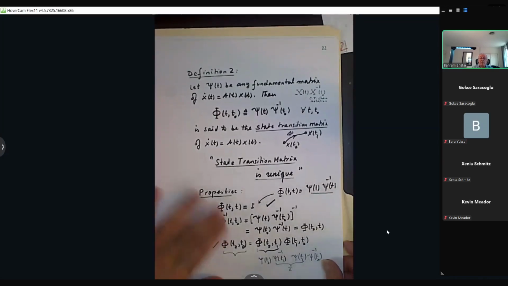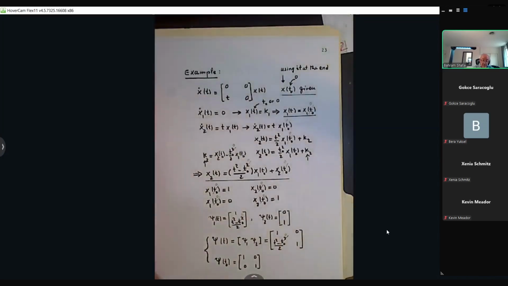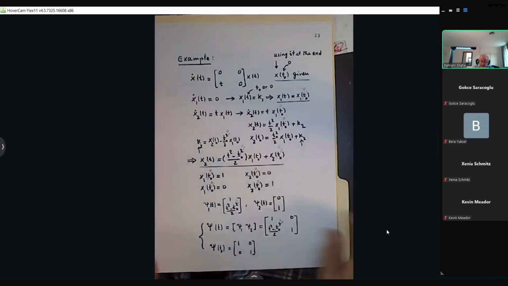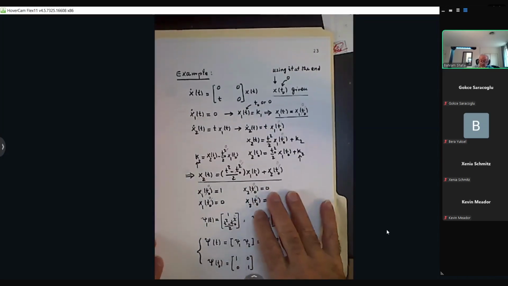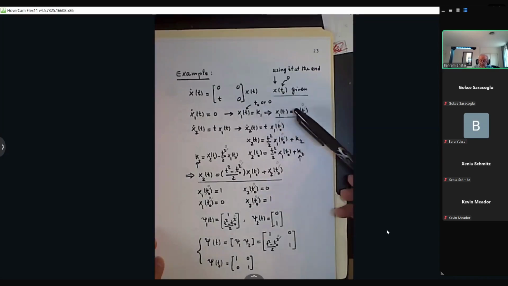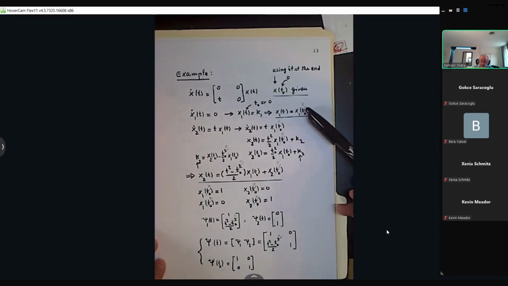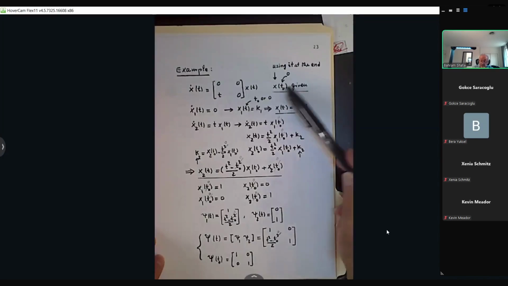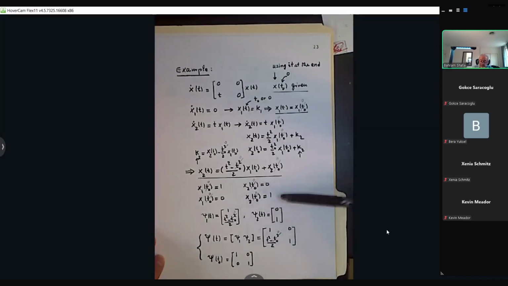And then I gave you some properties of the state transition matrix. I gave you an example here in the notes. I purposely crossed the T0 here, so you have the option not to solve the problem with T0 if you like. You can start with T0 equal to 0 to generate the fundamental matrices.